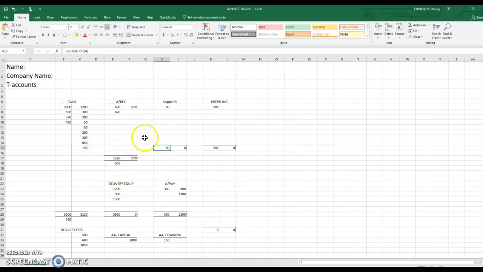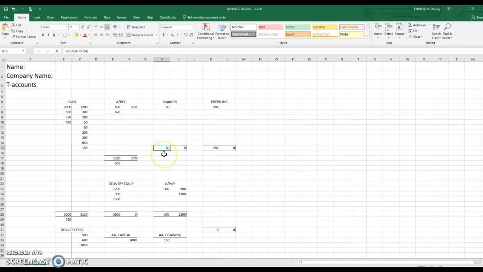$650 is the debit balance for accounts receivable. Now, when we take a look at T accounts where they only have a number on one side, then you don't really need to figure out the balance. So like supplies, clearly, not only is the footing an $80 debit footing, it's an $80 debit balance.